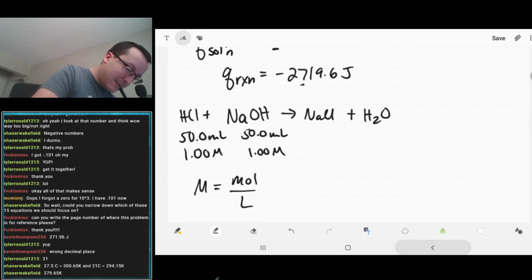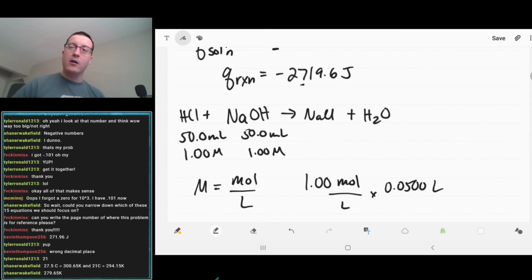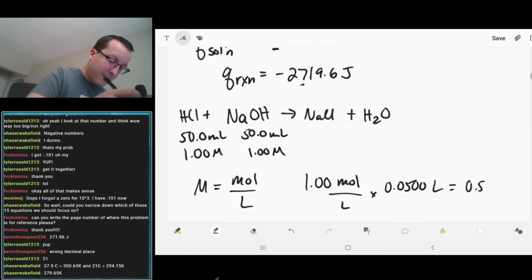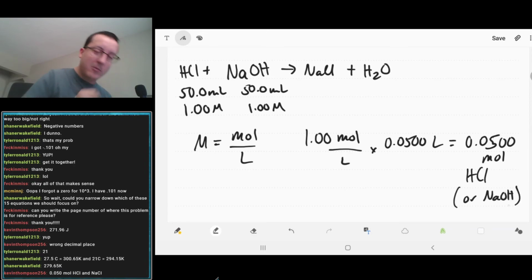That tells us we can find out how many moles are taking place in this reaction. And so that's going to be, if I could do simple math, oh my gosh, 500 moles of HCl, or NaOH, doesn't matter. They're the same thing.